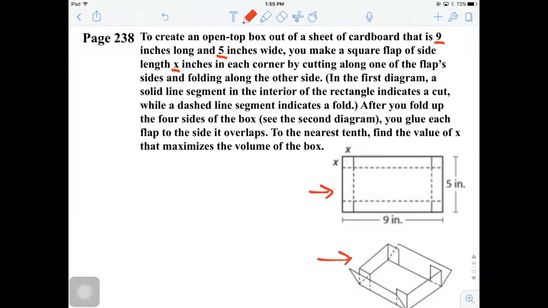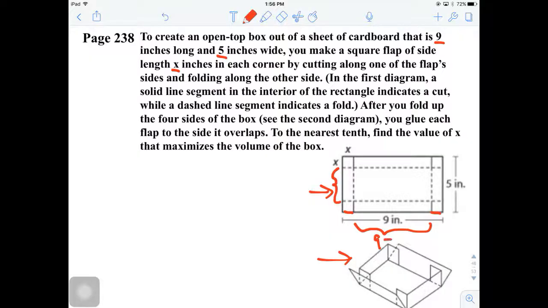And so we need to actually find the volume of the box by using these dimensions that we know. After you visualize it folded up, the actual length would only be from here to here, and the actual width would only be from here to here. So for the new dimensions of the box, the total length is 9 inches, but we have to take away these two corners that we call x.